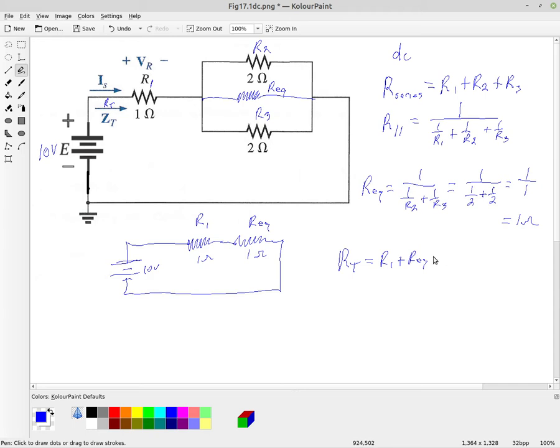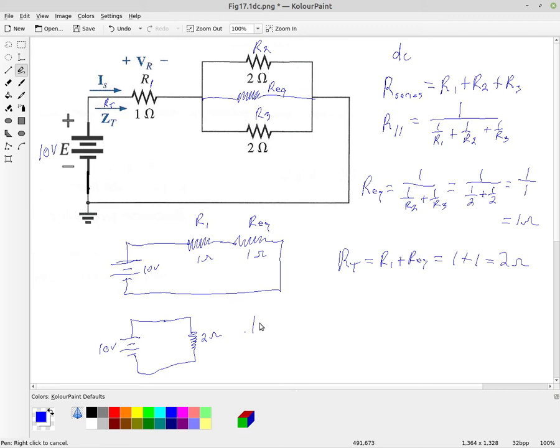And so that is just 1 ohm plus another ohm, which gives us a total resistance of 2 ohms. So we can again redraw the circuit now, where we have our 10 volt supply feeding one resistor of 2 ohms.